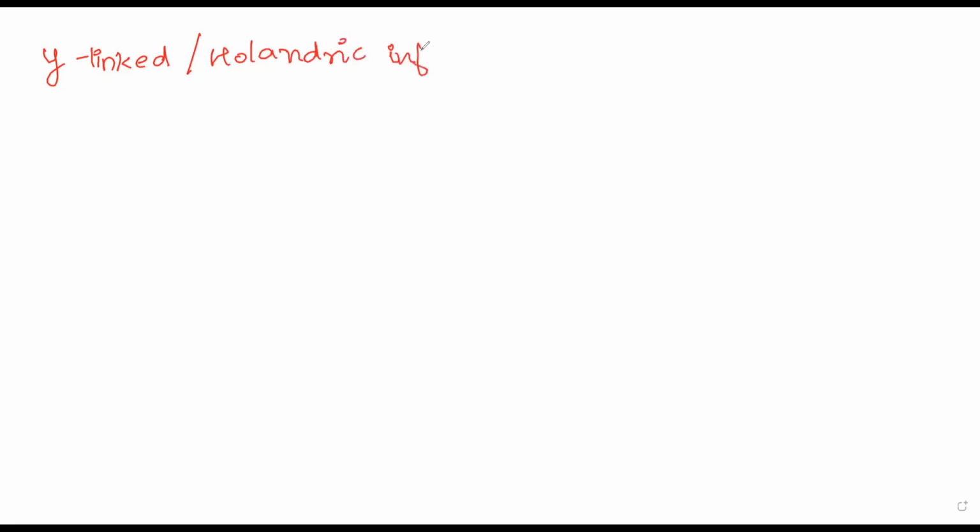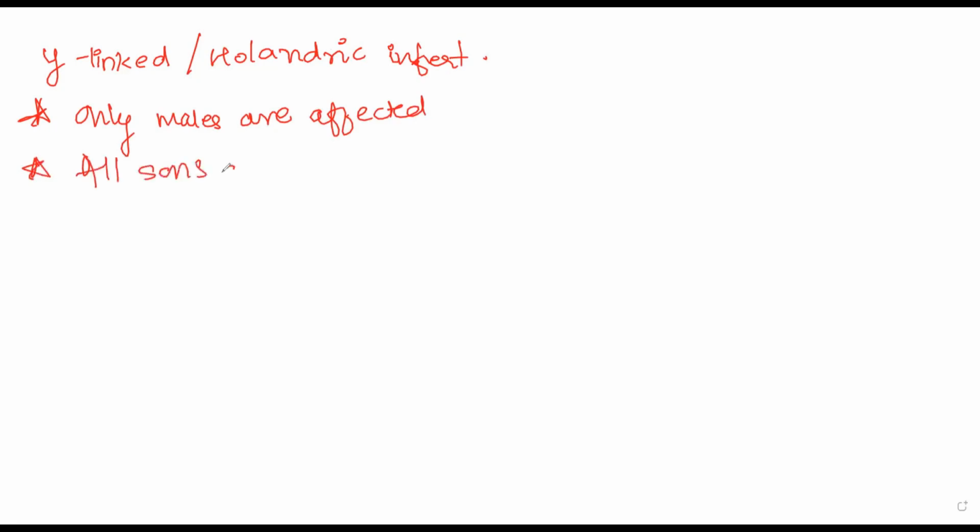And the best distinguishing point is that only males are affected. No chance of a female being affected. All sons of an affected father are affected. So if you have an affected father, all sons are going to be affected.